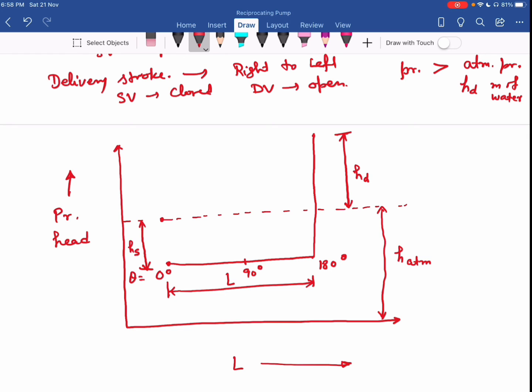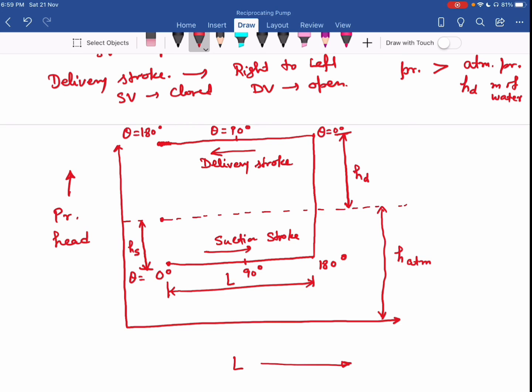Okay. And remains constant throughout. So now again, my crank rotation is from 0 degree to 180 degree, and in between theta is equal to 90 degree. Okay, so this is my suction stroke, and this is the delivery stroke.